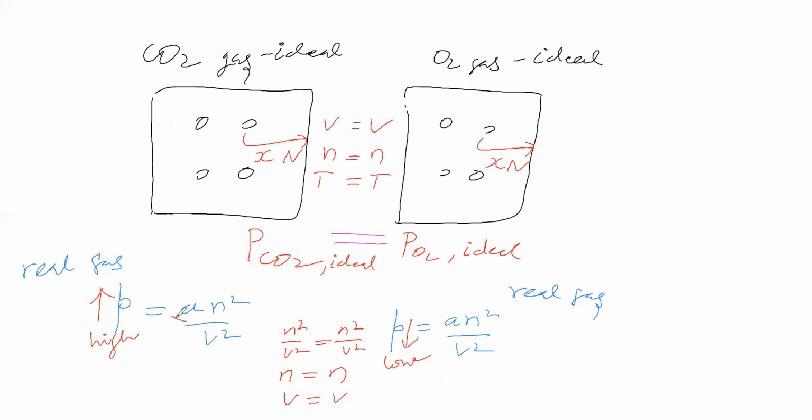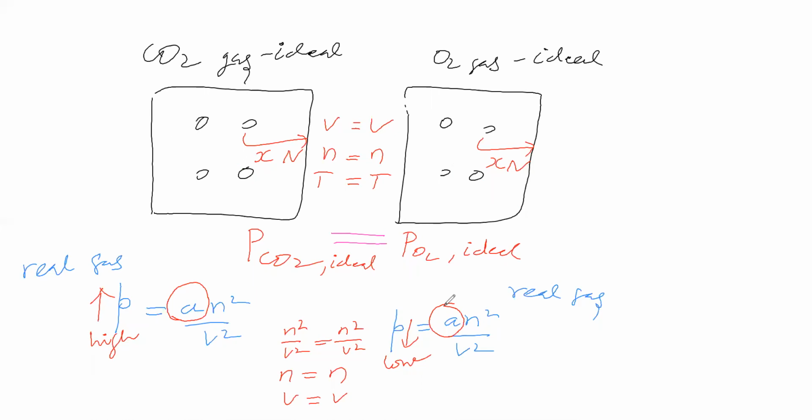Then how will the van der Waals constant be here and here? Do you feel the van der Waals constant in both cases is equal, or different in these two cases? If it is different, which has the higher magnitude?